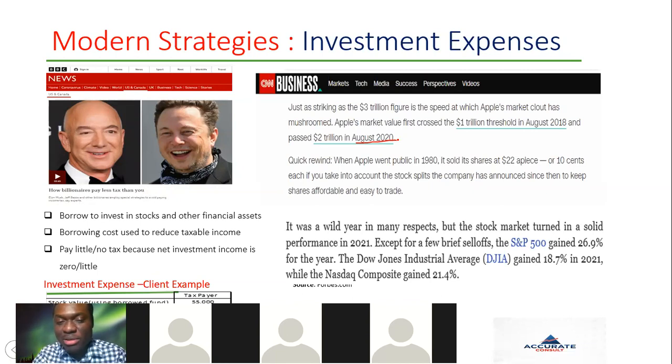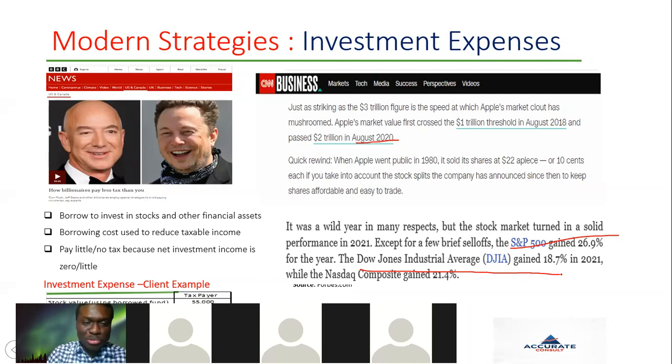And even looking at the stock market last year, despite the fact that there was a pandemic, stock prices still outperformed most other assets. The S&P 500 grew by 26%. The Dow Jones also grew. So on average, the three of them grew by 20%.